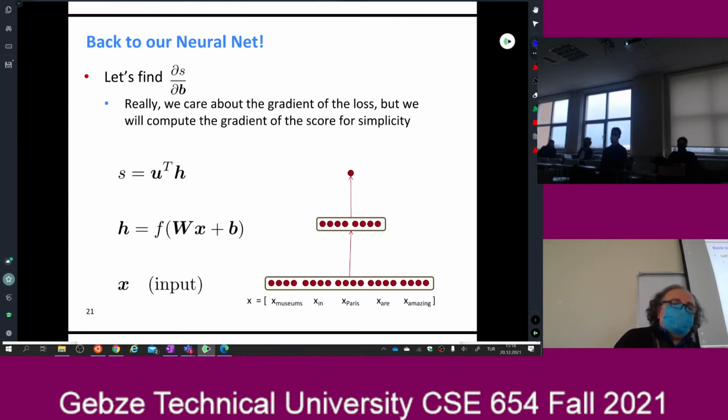If I ignore this X, the B's are unknowns. If I want to find the B's, which direction should I move? This is going to give me that. But taking the derivative of S with respect to B is not easy because I need to apply the chain rule.